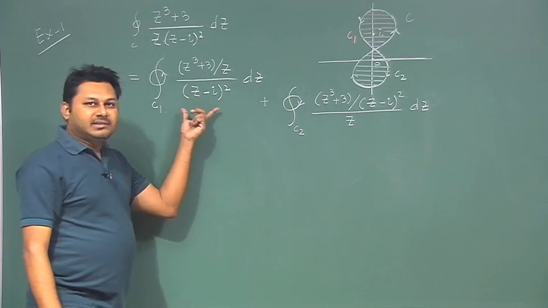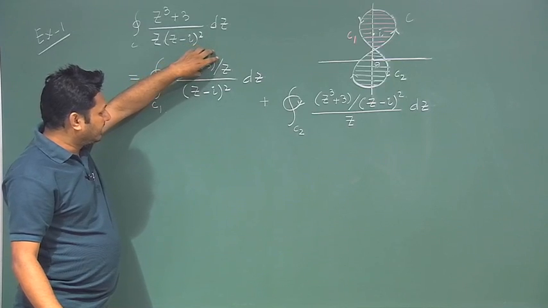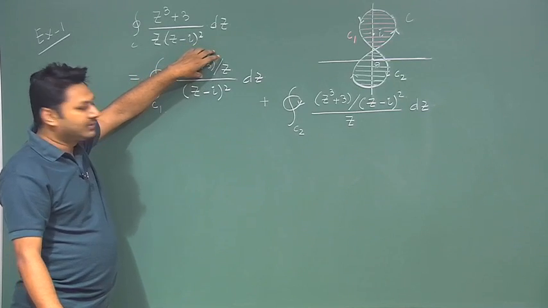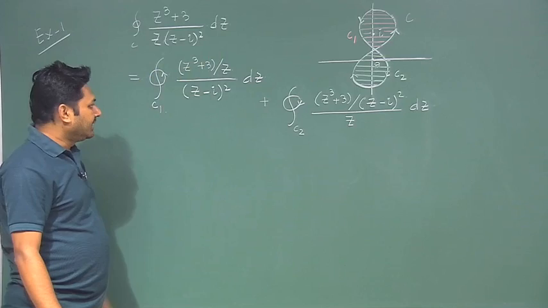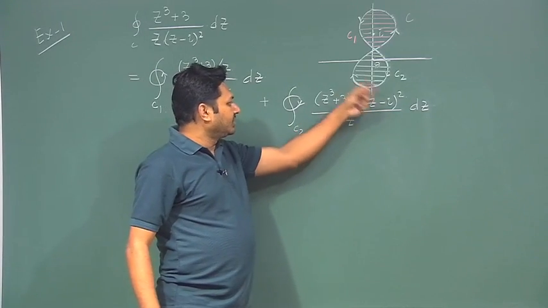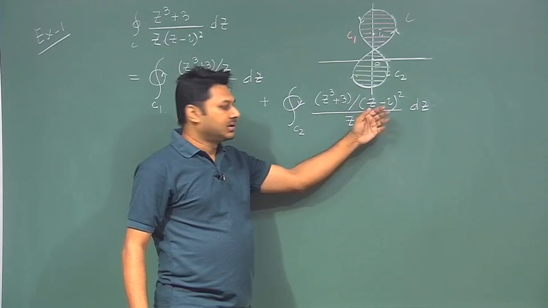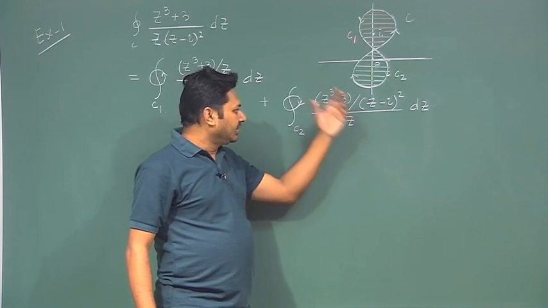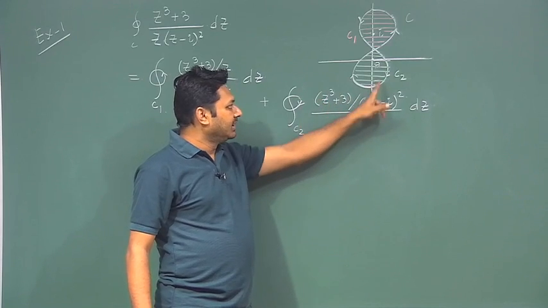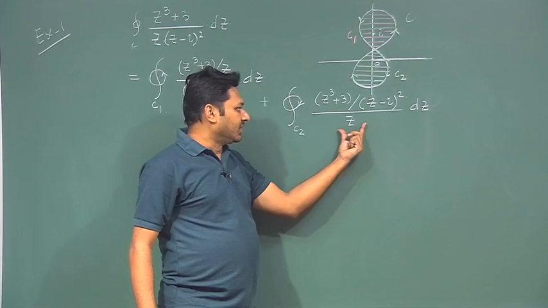I am writing the same function, but here I am writing the numerator in such a way that the function I get is analytic in the region C1. Here I write this function (z square plus 3) divided by (z minus i) whole square in such a way that this is analytic in this region where z equal to 0 is my singularity.